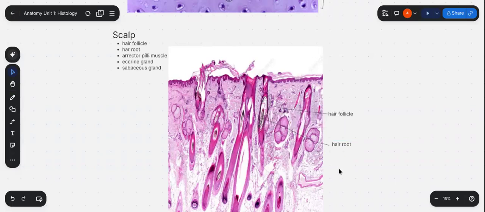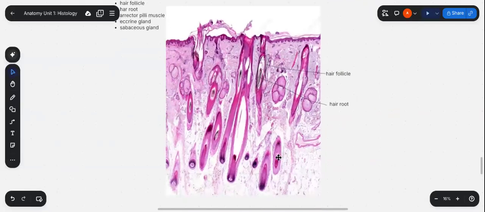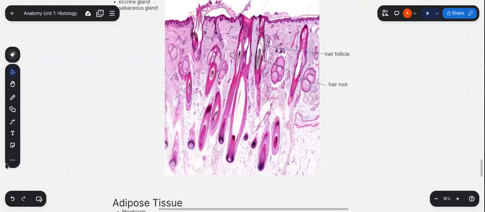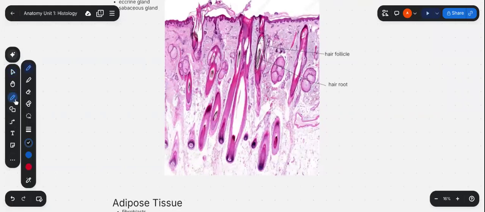All right. Next, you have your eccrine glands and your sebaceous glands. So, for instance, on this diagram, you can see over here kind of this circle. That would be an eccrine gland.